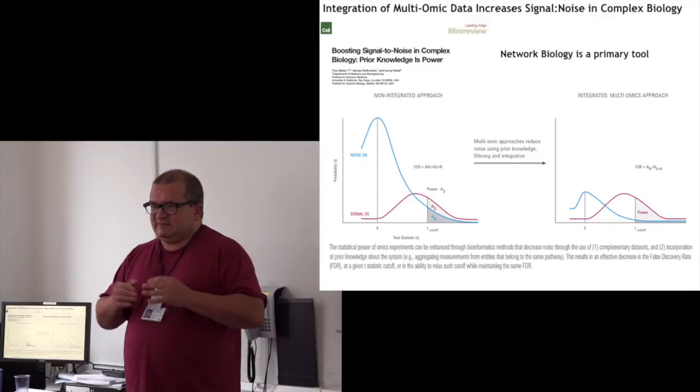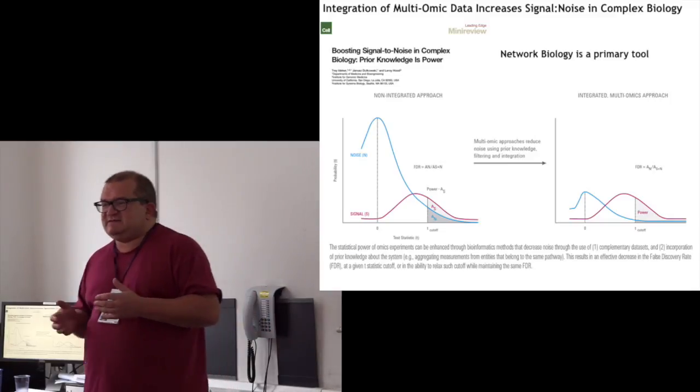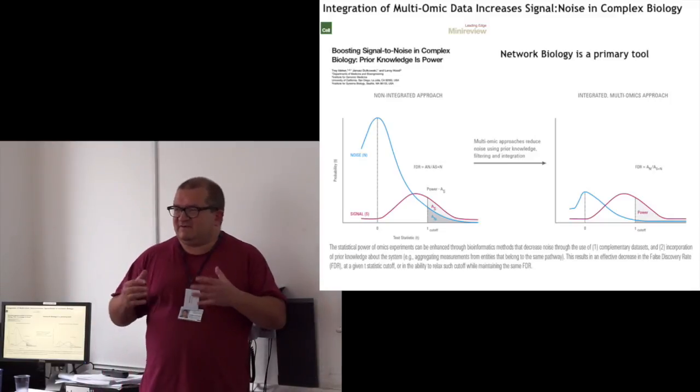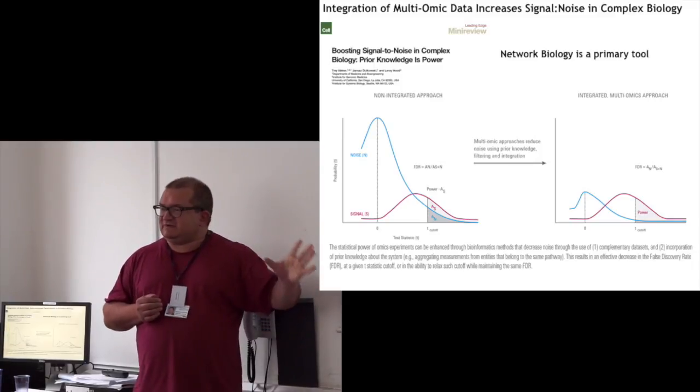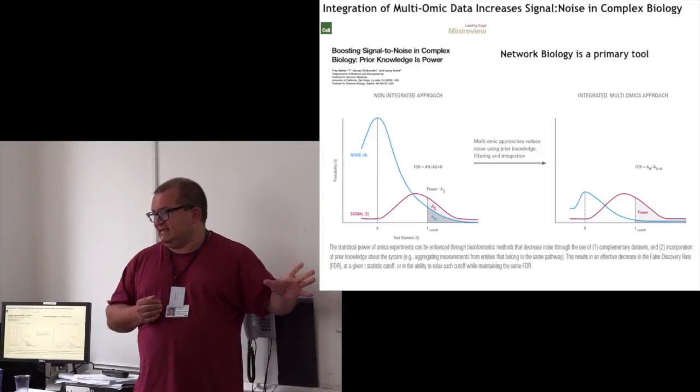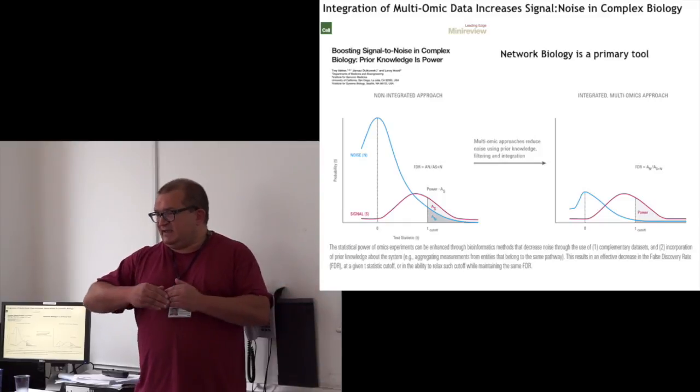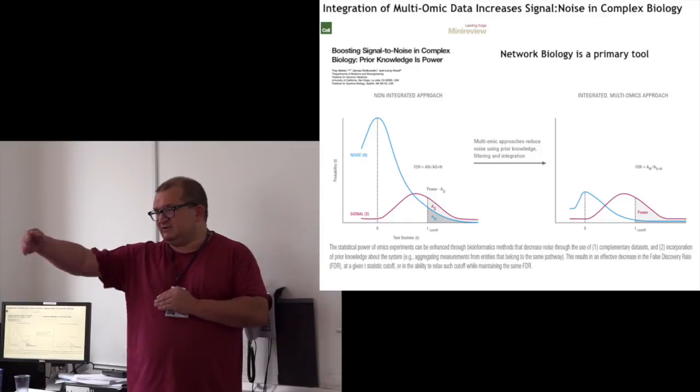Power calculations are frustrating at the best of times, certainly I find them so. I was challenged to say it's impossible to actually model this. All you get is the idea that if you integrate data, you get an increase in power.